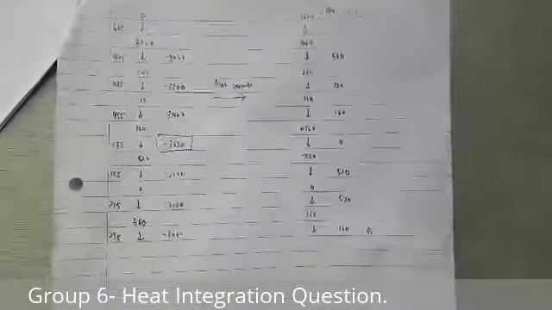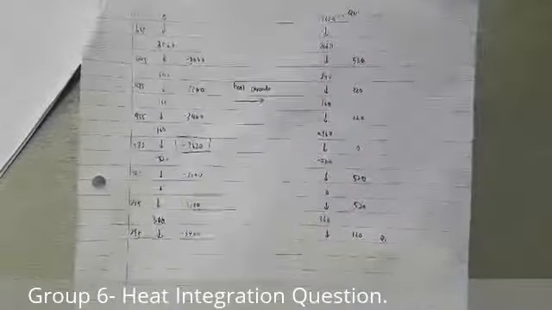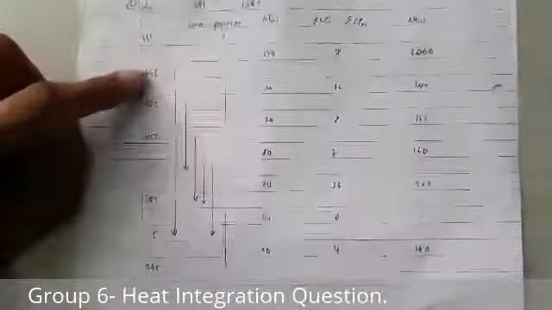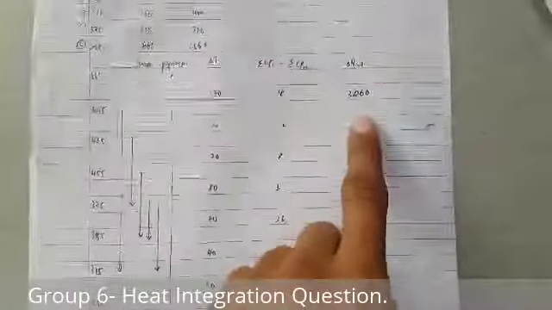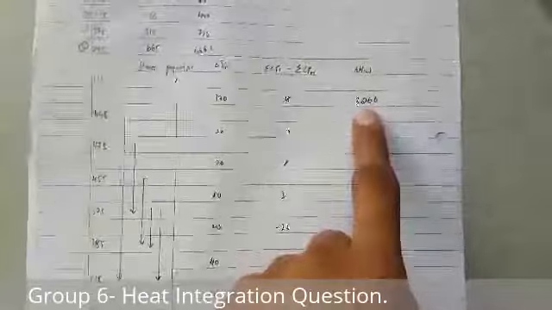So for example, let's look at how to construct this heat cascade table. For the temperature interval from 665 degrees Celsius down to 495 degrees Celsius, the corresponding enthalpy is 3060.